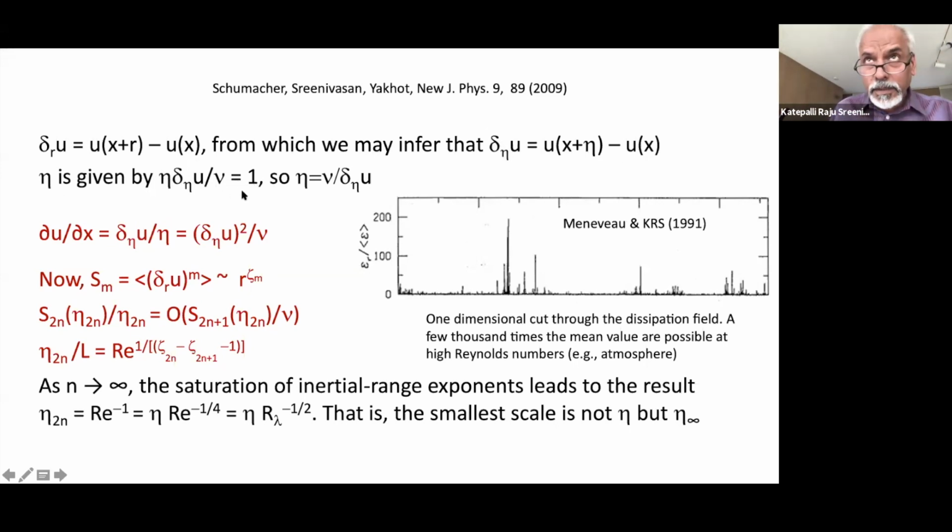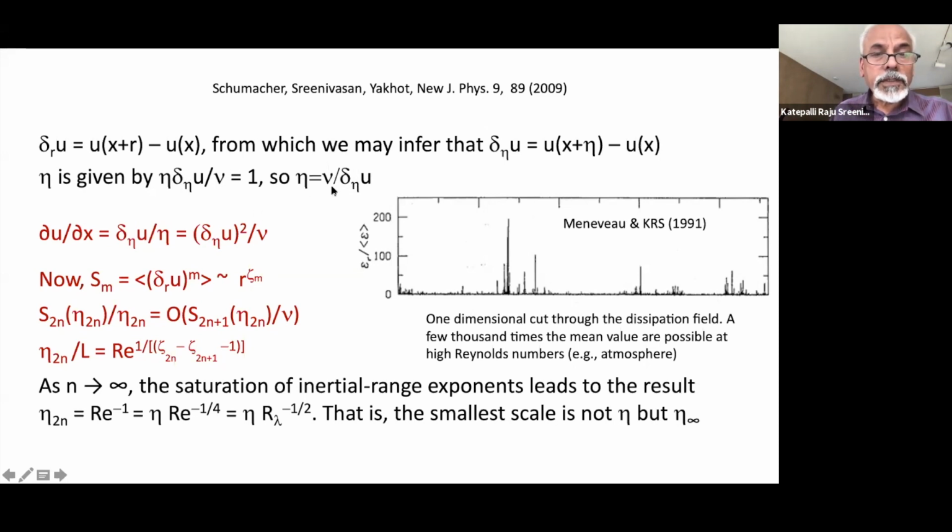This is the definition that Kolmogorov himself used for uniform eta, but we can say that this would be true locally. Therefore, eta, which is now not a given number but a field, as I said, is nu divided by the velocity increment across this eta.